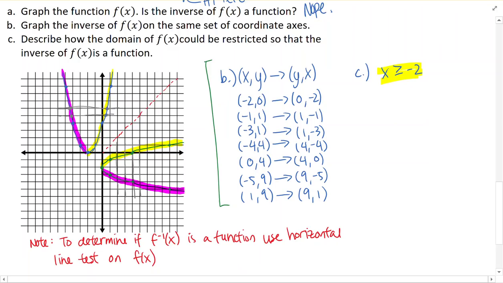So if x is smaller than or equal to -2, then we would be okay as well. So these are two different ways you could restrict that domain and the inverse would still be a function.